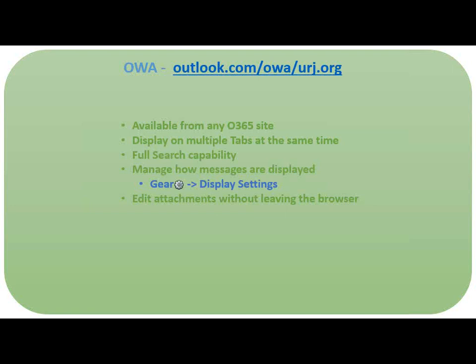And finally, and I think this is quite powerful, because it's a cloud tool that is accessing information in the cloud, you are able to edit, certainly view, but importantly edit attachments without leaving the browser. Whether this is Word or Excel or PowerPoint or any of the Microsoft Office file types that come into your email, you can edit them straight from the OWA interface.